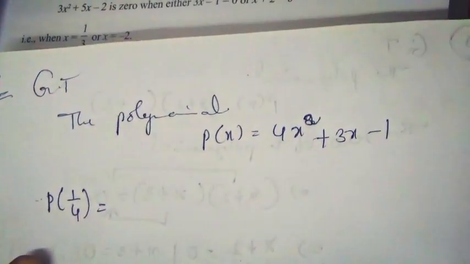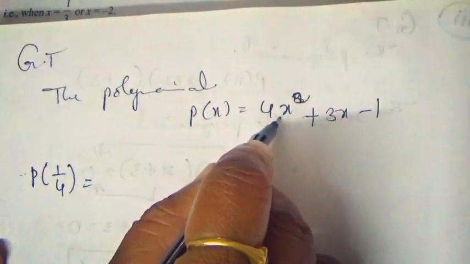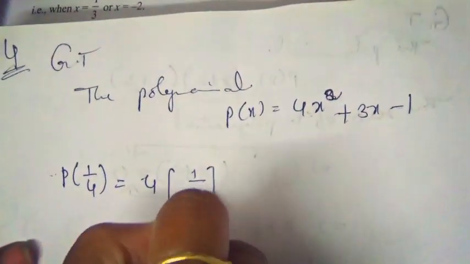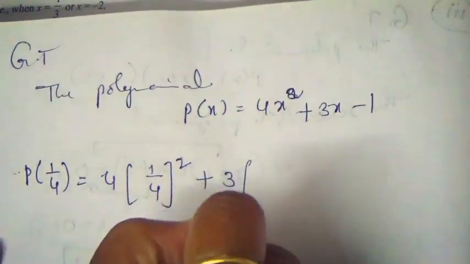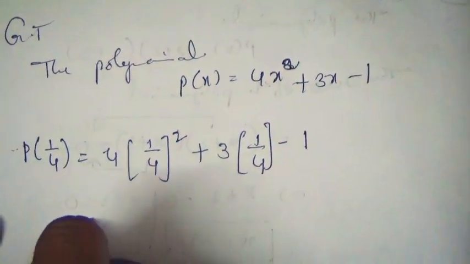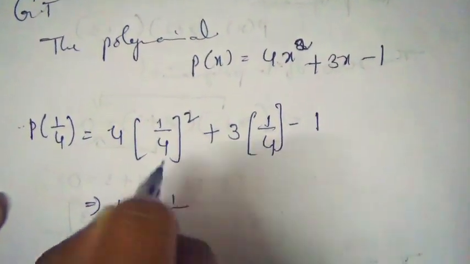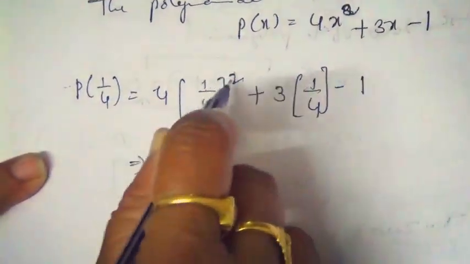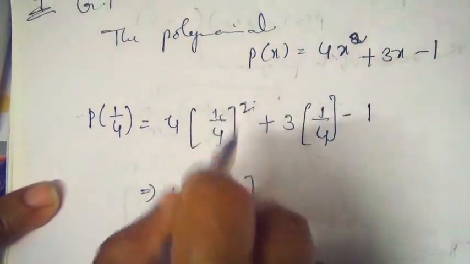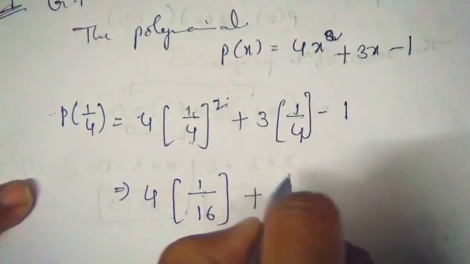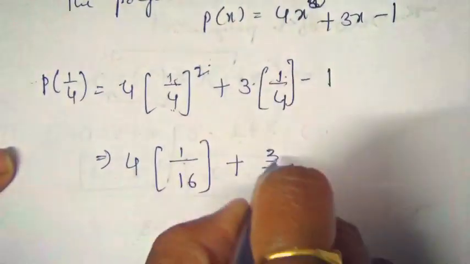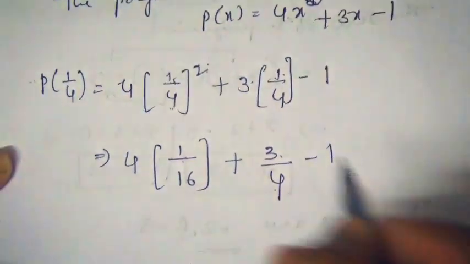In the place of this x I have to substitute this 1 by 4. 4 of 1 by 4 whole square plus 3 of 1 by 4 minus 1. That is equal to 4 of 1 square means 1, 4 square means 16, plus 3 into 1 by 4, 3 ones 3, so 3 by 4, minus 1.